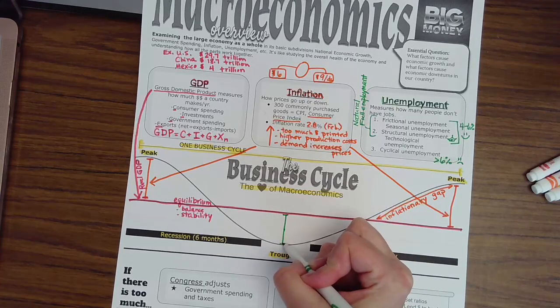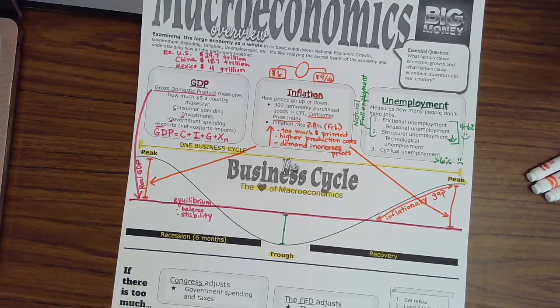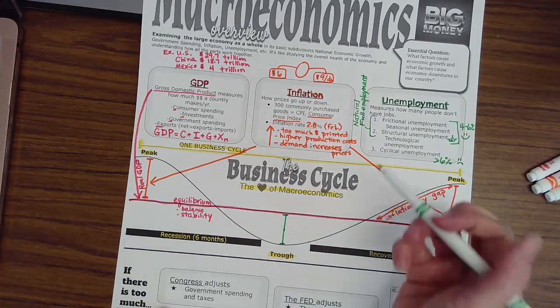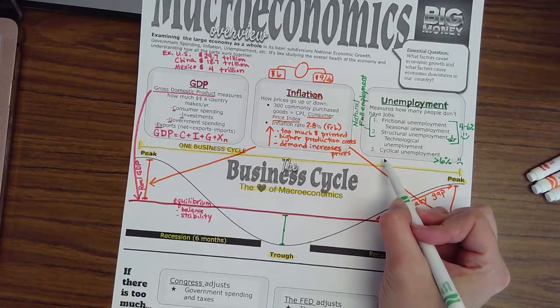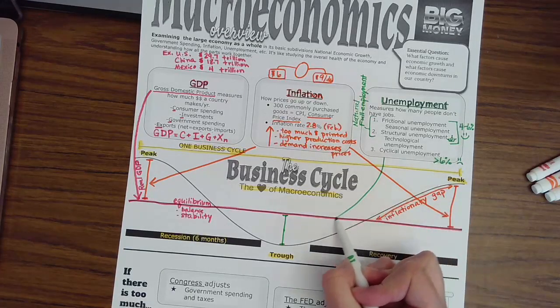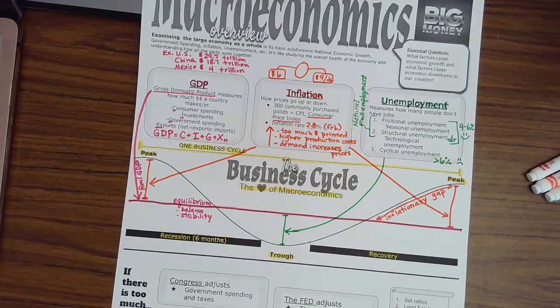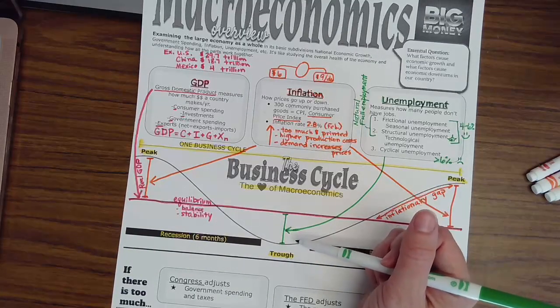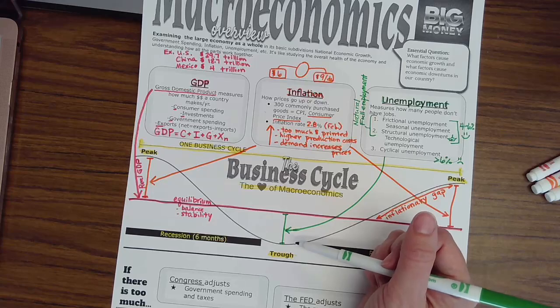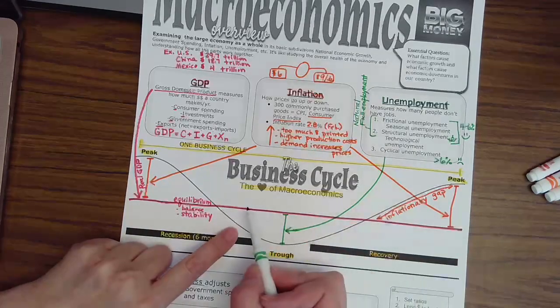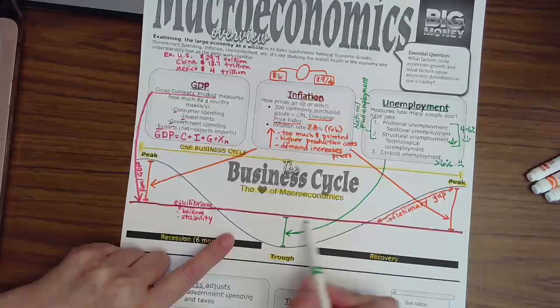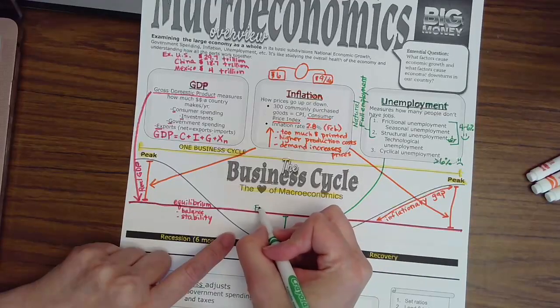So I'm going to make another little measurement piece here. And I'm going to draw a line from unemployment here so that I don't have to draw it out or write it out. Okay, this is our unemployment line. When unemployment is growing, that's usually in the negative times in our economic cycles. So when we're down here at the trough is when we have our highest amount of unemployment. And remember that this line of equilibrium, this is where we're going to find full employment.